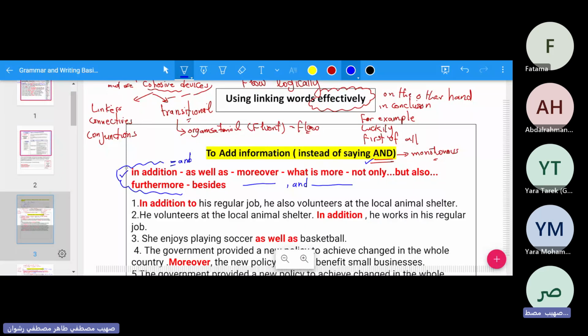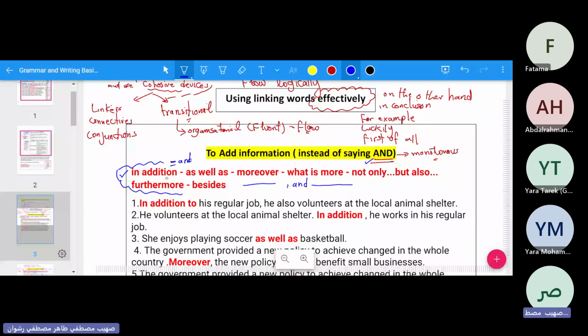Number one, read Yara. In addition, as well as, moreover, what's more, not only, but also, furthermore, besides. Yes, all of these conjunctions give the same function as the word and. But we have some rules.